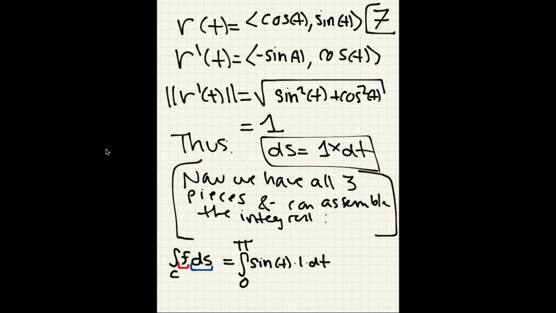And this is a really simple integral. To integrate sine, that's negative cosine. I'm going to evaluate it at pi and 0. You can double check that this gives you 2. So you get negative negative 1 minus negative 1, which is 2. So that's the answer, and that's what the scalar integral is.